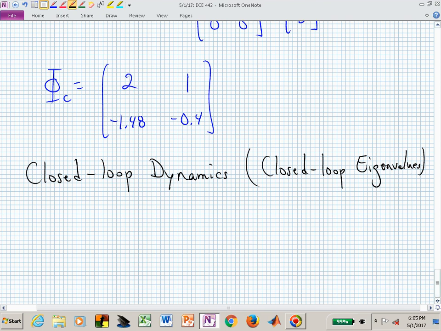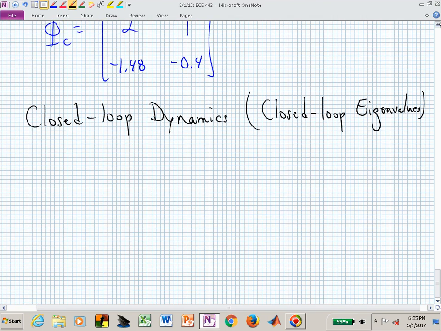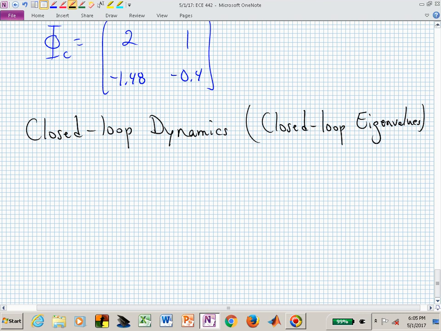And again, if we're taking the final exam, we need to be able to do this for at least a 2 by 2 matrix.